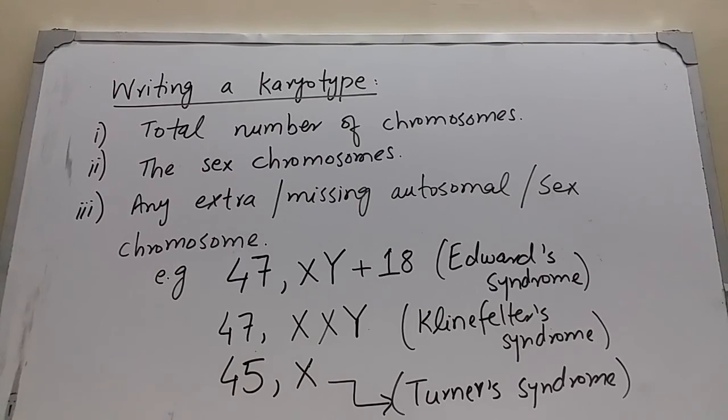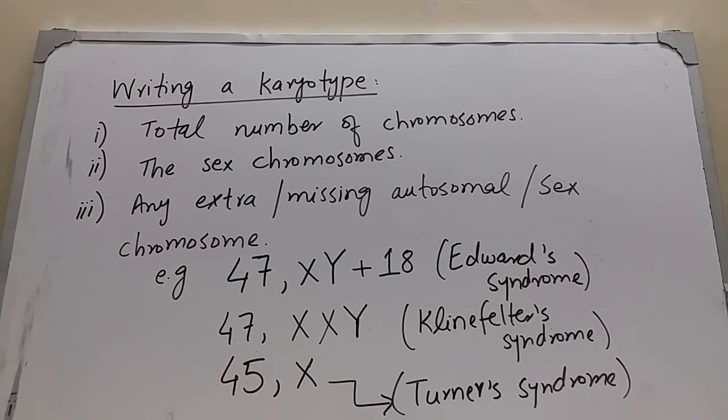Now I have shown some syndromes, and in the third step, if some autosomal or sex chromosome is extra or missing, we also write that chromosome. For example, Edwards syndrome is a genetic disorder of chromosome number 18, in which 3 chromosomes are present instead of 2.